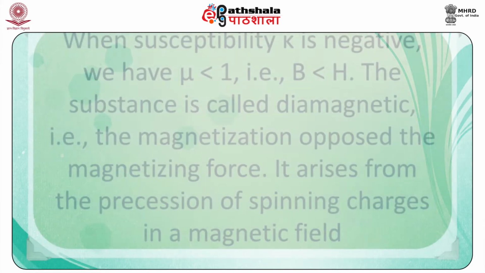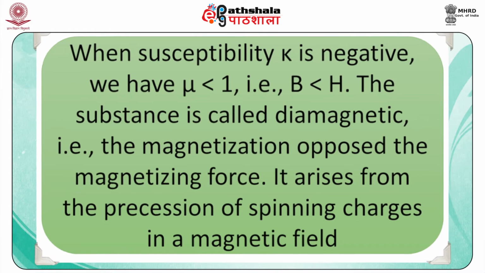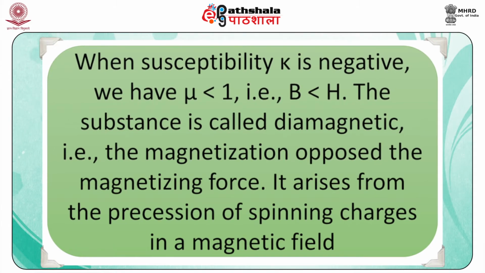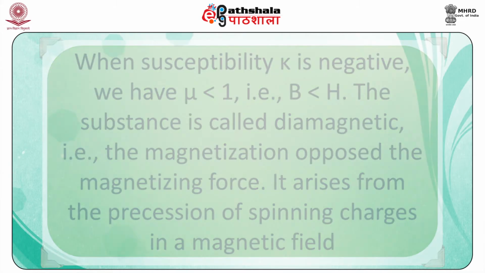Diamagnetism. When susceptibility kappa is negative, we have mu lower than 1 and B again lower than H. The substance is called diamagnetic. It means the magnetization opposes the magnetizing force. It arises from the precession of spinning charges in a magnetic field.